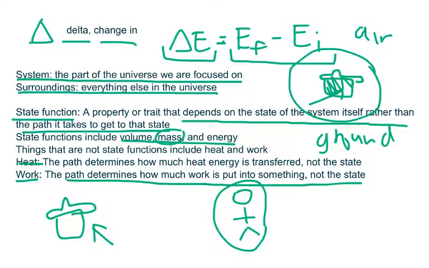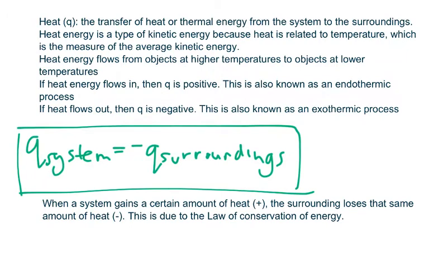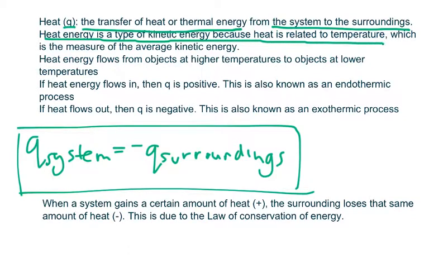So now let's move on to a different topic, something known as heat. Heat, also written as Q, is the transfer of heat or thermal energy from the system to the surroundings or vice versa. Heat energy is a type of kinetic energy because heat is related to temperature, which is the measure of the average kinetic energy, if you remember from one of those videos in the past.